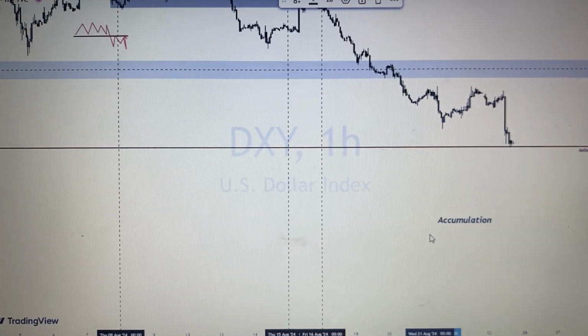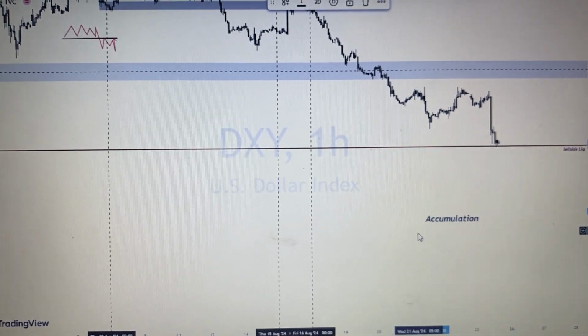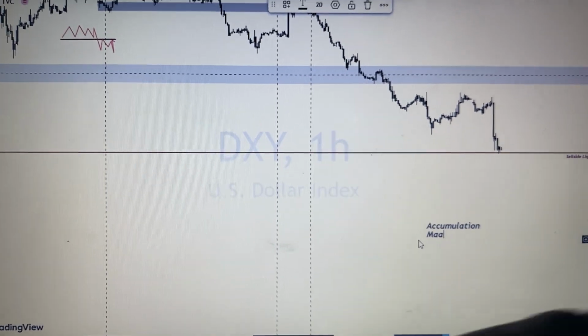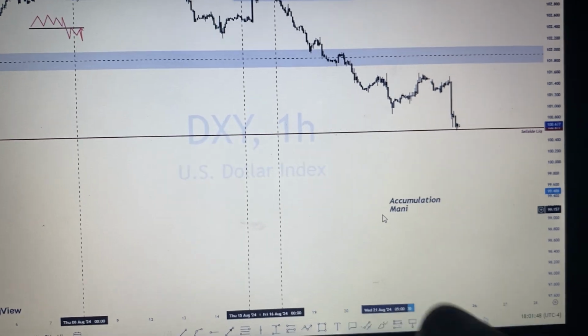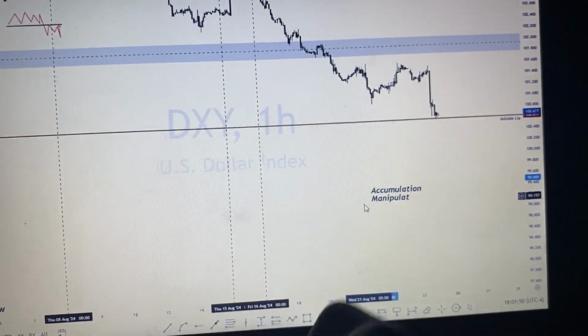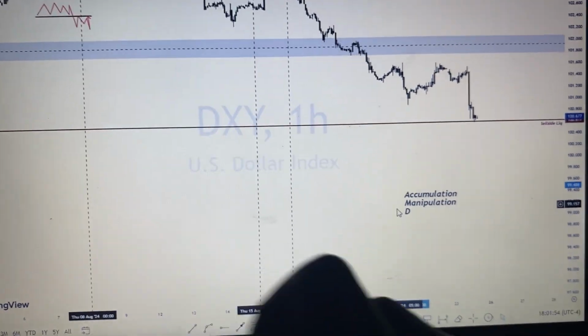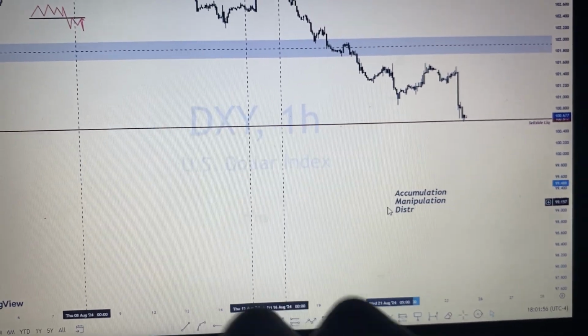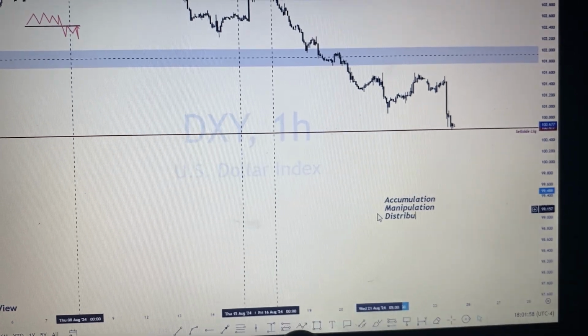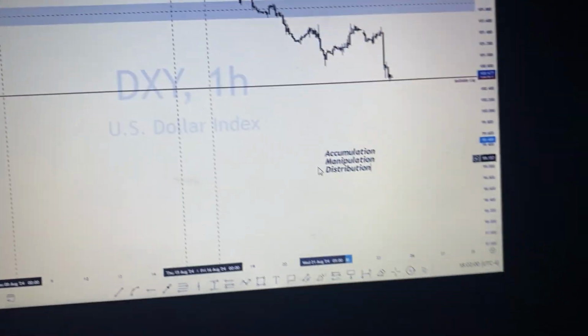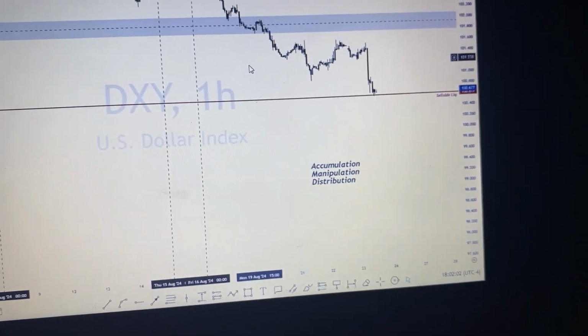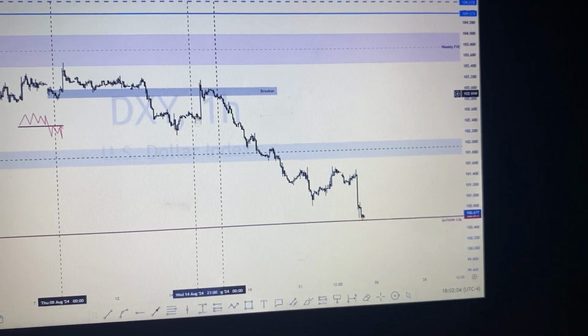Second phase, manipulation. Third phase, distribution. That's how the market moves.